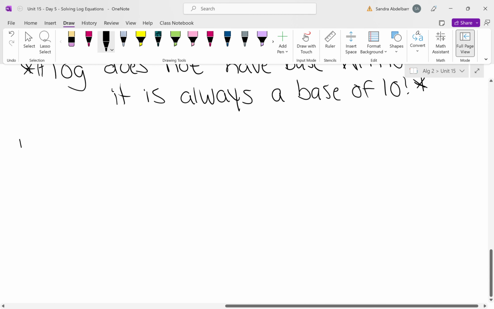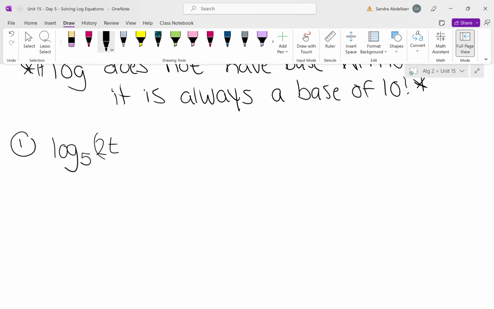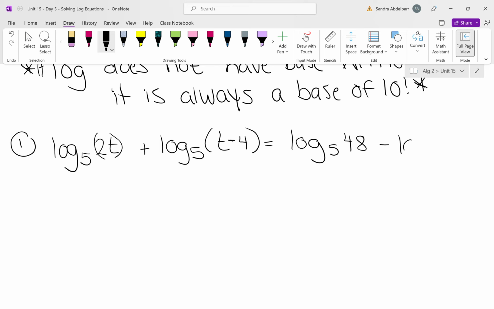Okay, so let's look at an example. If I have log base 5 of 2t plus log base 5 of t minus 4 equals log base 5 of 48 minus log base 5 of 2.